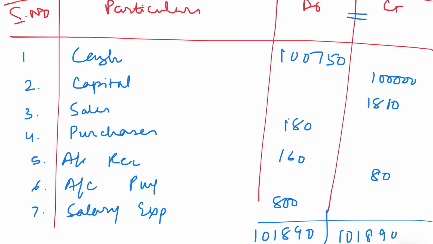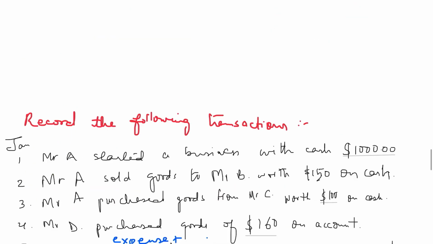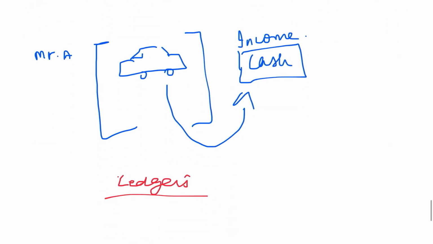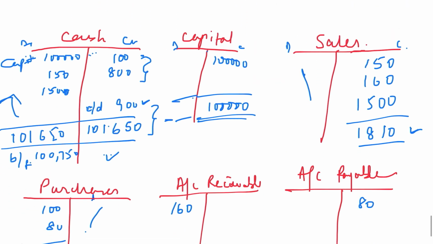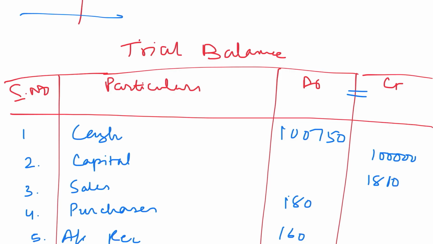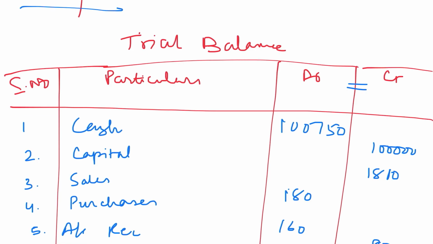And that's all about the recording, identifying and classifying procedure, which is to record all the transactions in the journal. Then we have to make ledgers of each title of account, and then we have to check all the balances, like debits are equal to the credits in the trial balance. And that's all about it in this chapter.